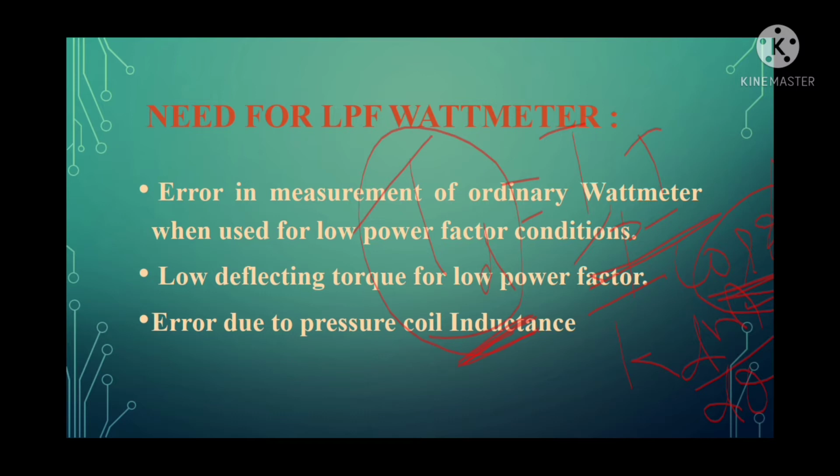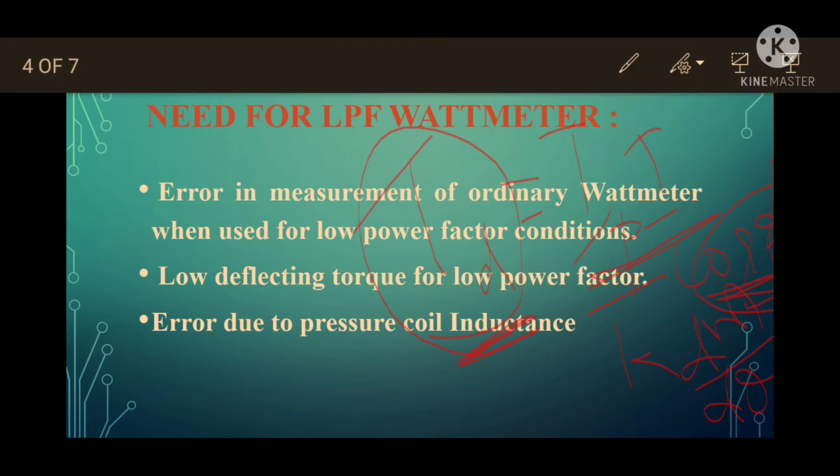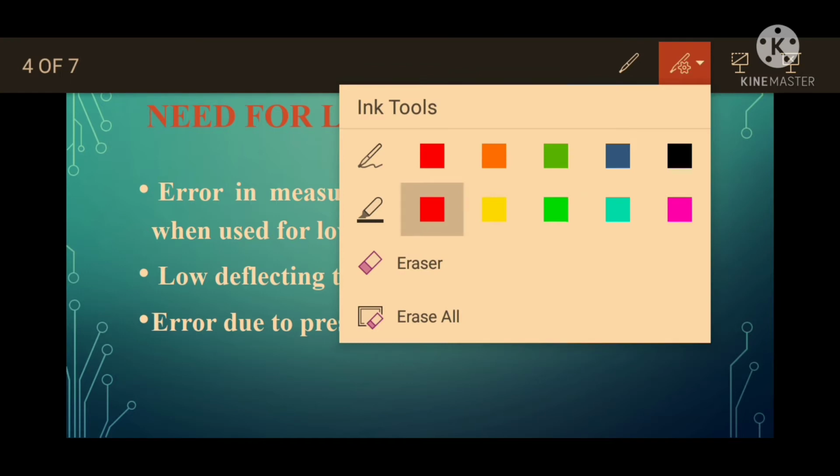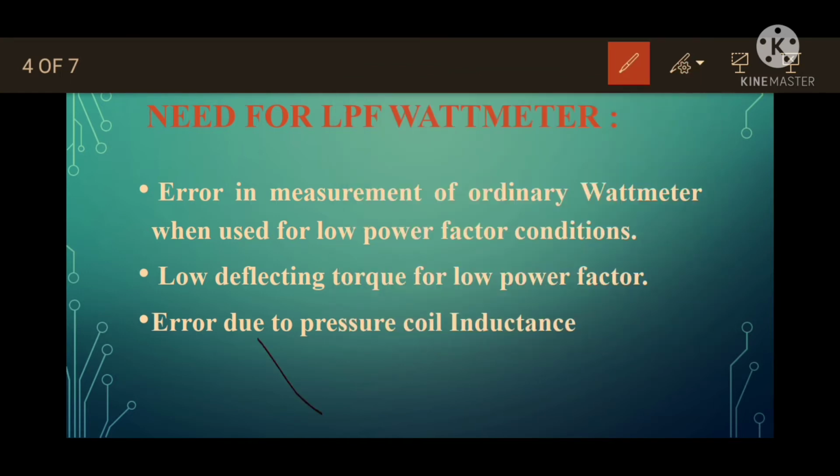Due to that inductive reactance, there is an error, and the error in power measurement due to the pressure coil inductance is denoted by E equal to VI sin phi tan beta.